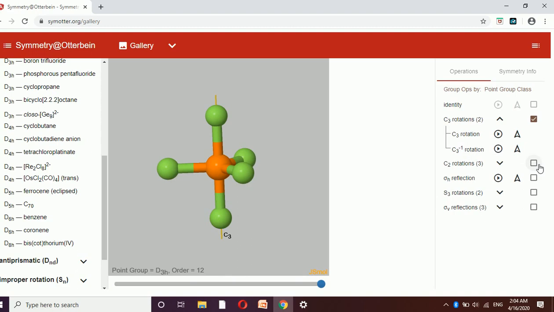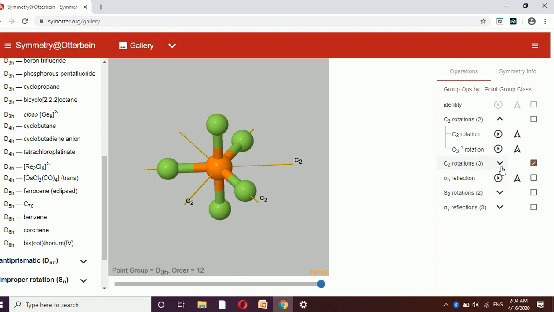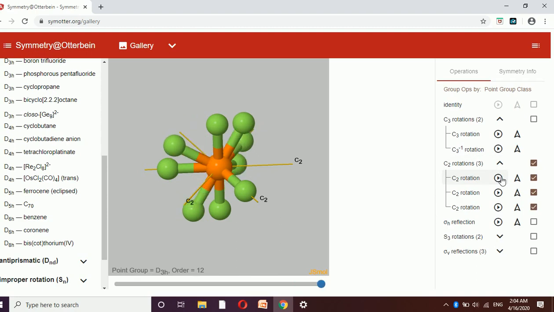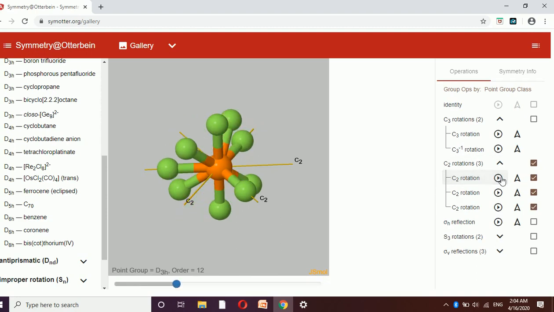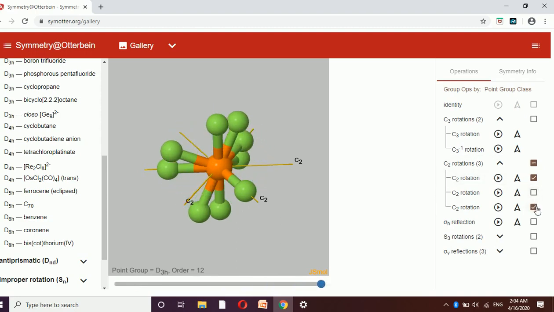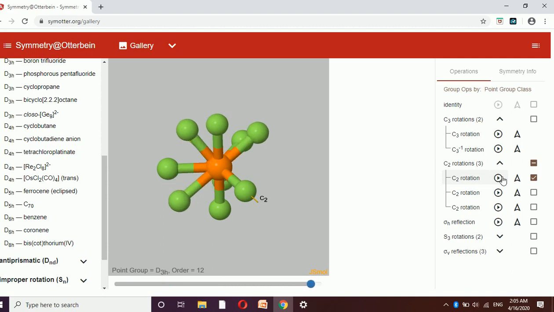You can have C2. Let me show you C2. Like this, you have three C2s. See a demonstration of one of those. Yeah, you see that, it's beautiful. Another C2 like that. Another C2 like that.